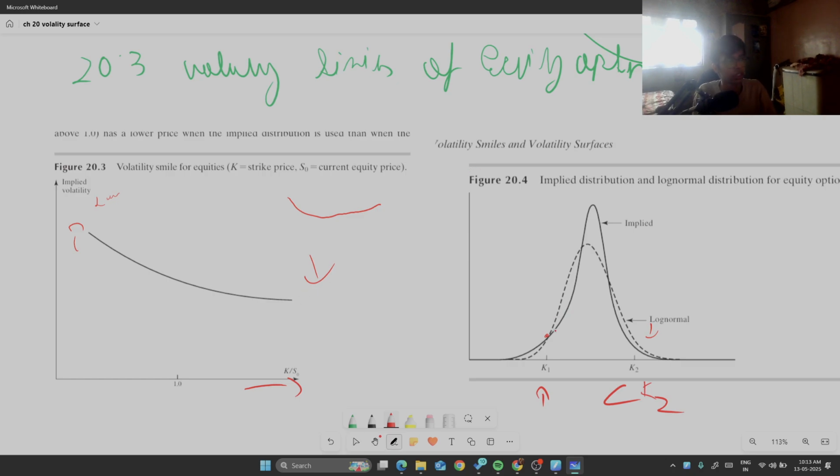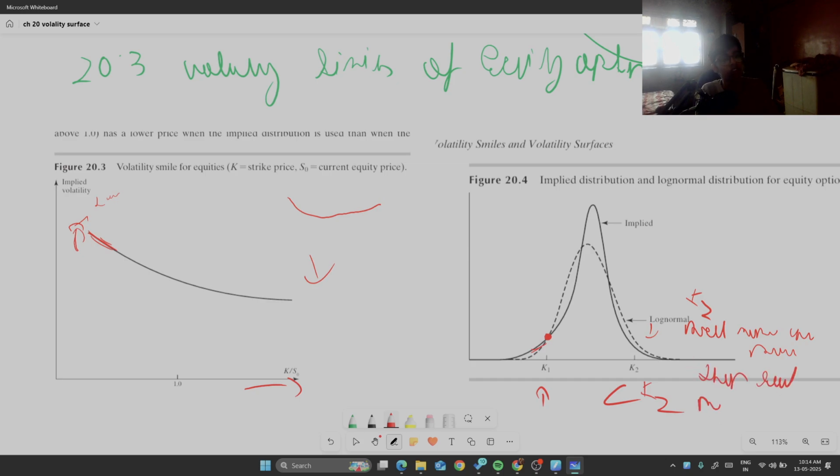So let's say we are pricing at K1, the price of BS would be cheaper, and the implied volatility would be more. And at K2 the model price would be more expensive than the real market observed price, because the implied volatility is way less than the log normal assumption.